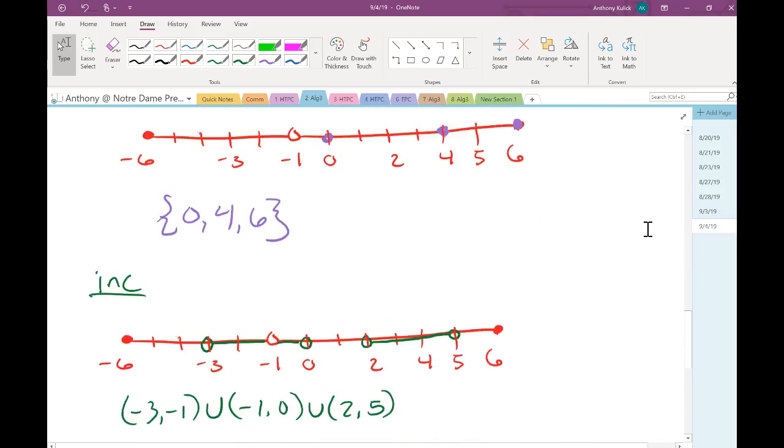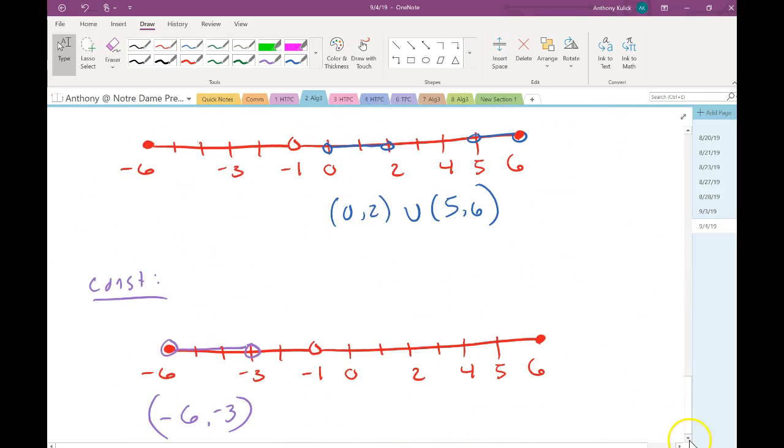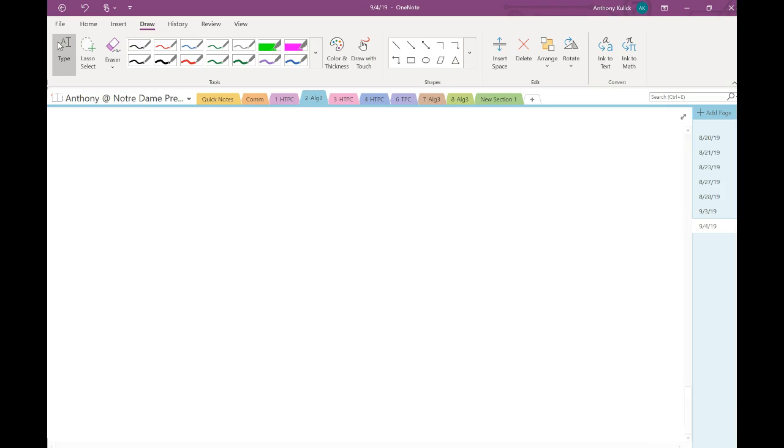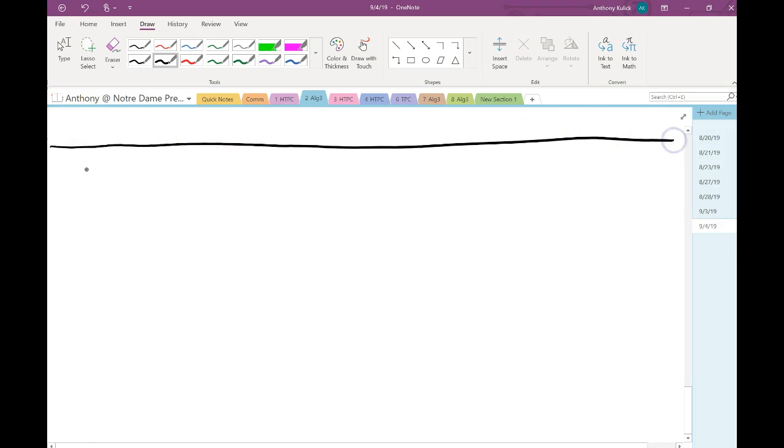So, I want to pick up then where we left off yesterday. We've been talking for quite some time about ways to describe a function.